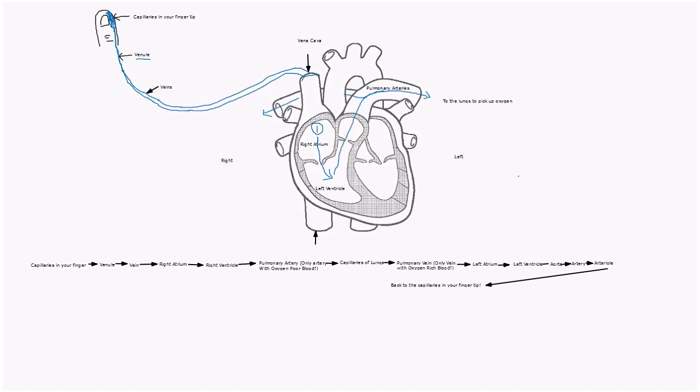So let's imagine we've gone to the lungs, and it's also happening on the right side of the body as well. We've picked up our oxygen in the capillaries of the lungs around those alveoli, and now we are oxygenated. So I'll use oxygenated blood as red. So once it's picked up oxygen, it's going back into the heart.